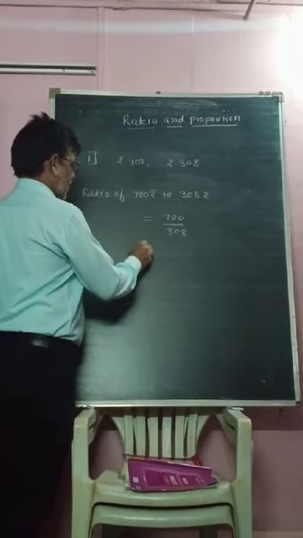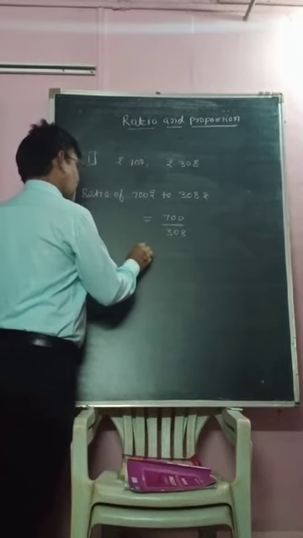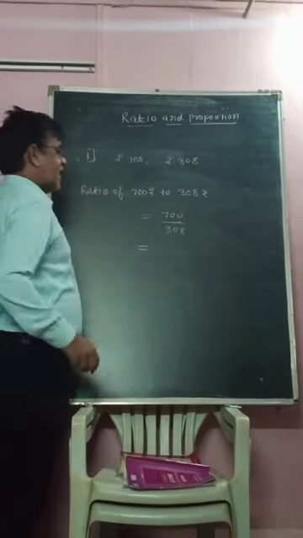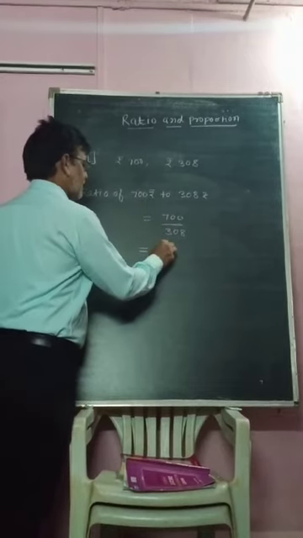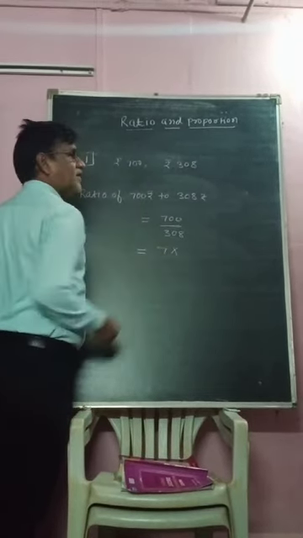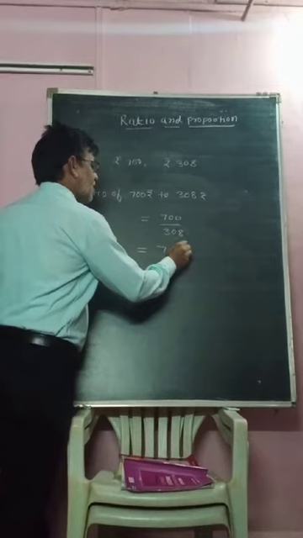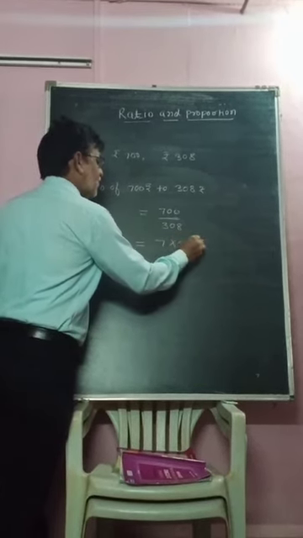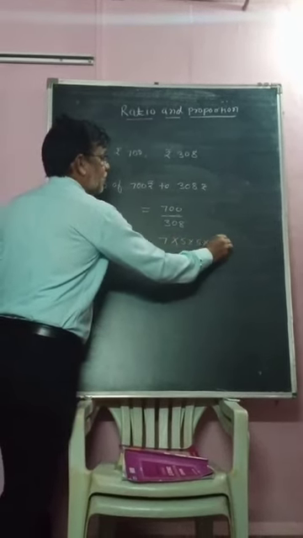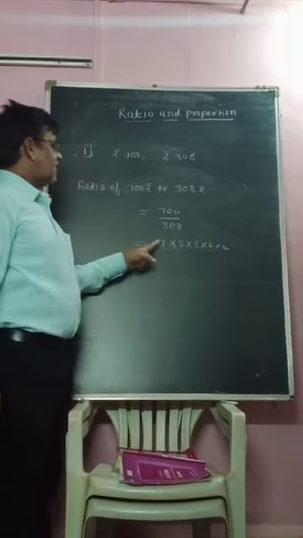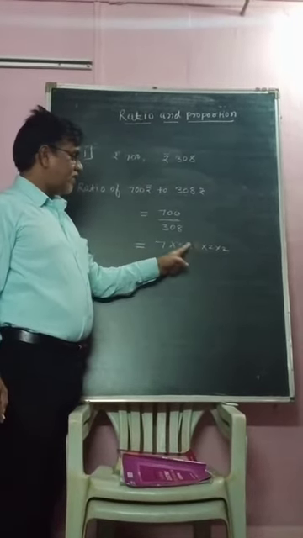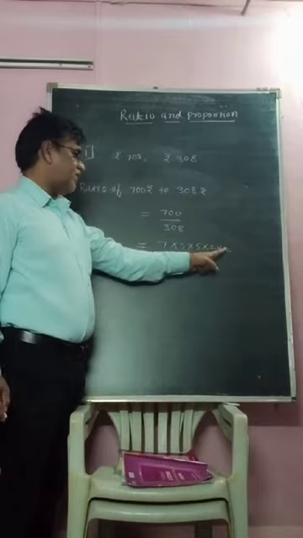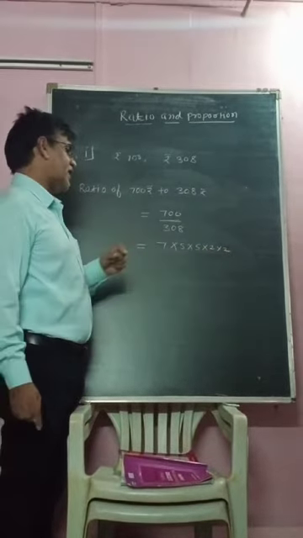Here first see, 700 means 7 into 5 into 5 into 2 into 2. See 7 into 5 is 35... 7 into 100, 700.